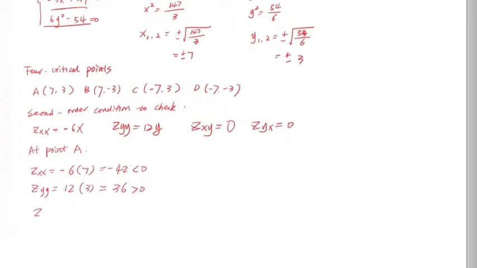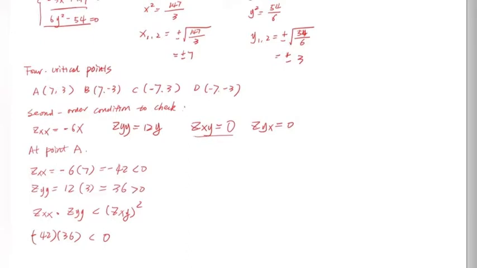For zxx times zyy compared with zxy to the power 2, this is negative 42 times 36, which is smaller than 0, because zxy equal to 0, so this is 0.